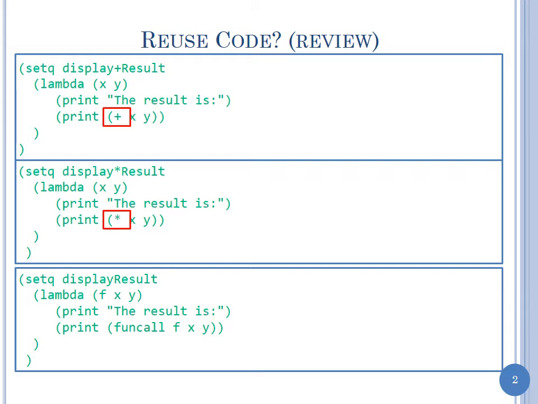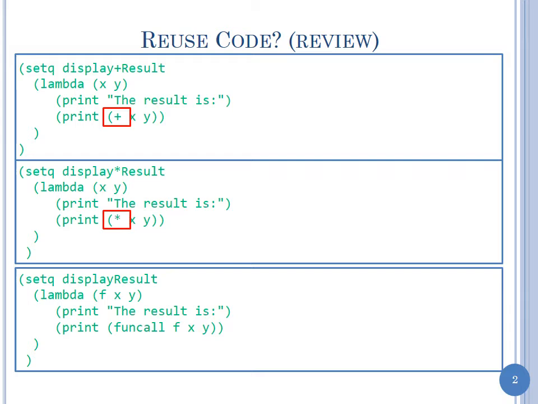So I created all these, we did motivate this stuff through software engineering principles. Okay. So we motivated FUNCALL by giving you two different display results that had common code. The only difference was the operator being applied.